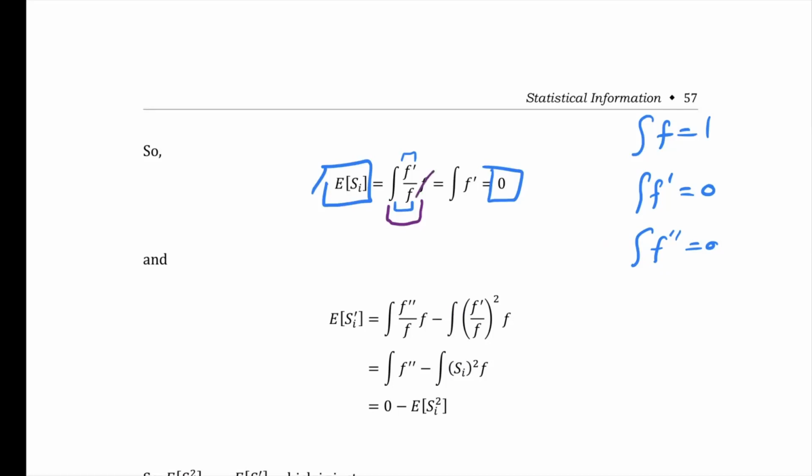So these f's cancel here. This is just by the definition. These cancel, and I get this thing, and we had already proved that that thing was 0. And we knew that from the beginning, so there's several different ways that we can get there.